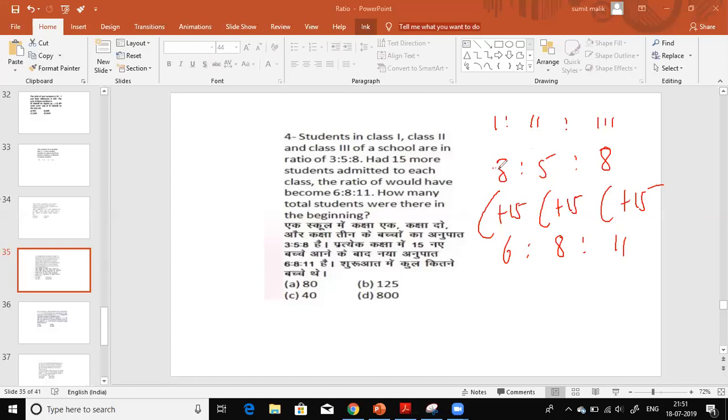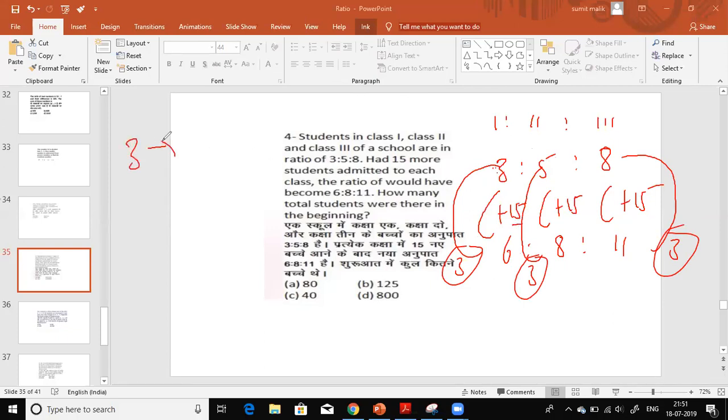Here, how many students am I adding actually? 3 to 6, 3 students. In class second, how many? 3 students. And in class third, how many students am I adding? 3 students. Actually, I am adding 3 parts, but in actual, how many am I adding? 15. 3 will represent 15. 1 will represent 15 divided by 3 is equal to 5.